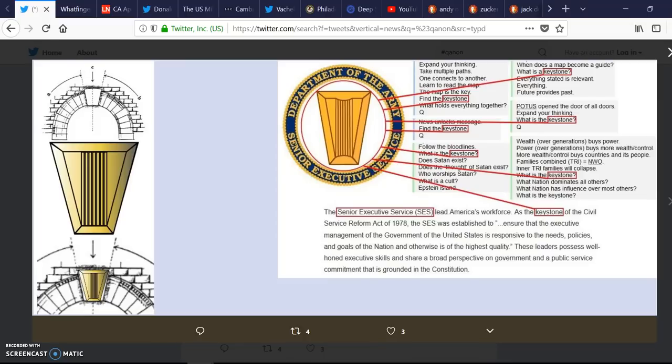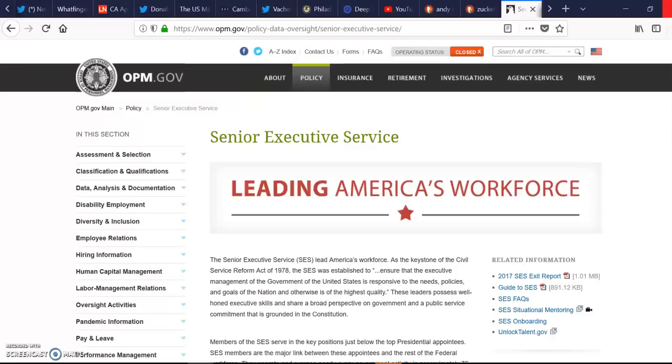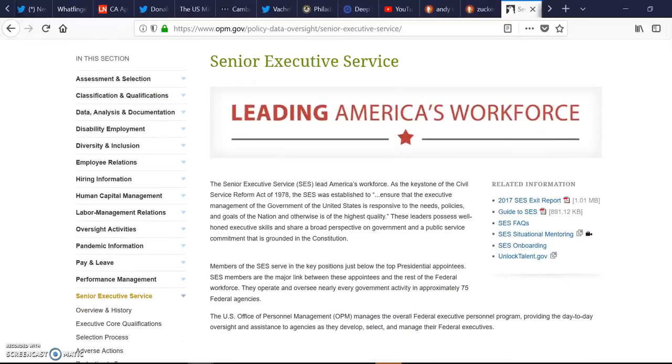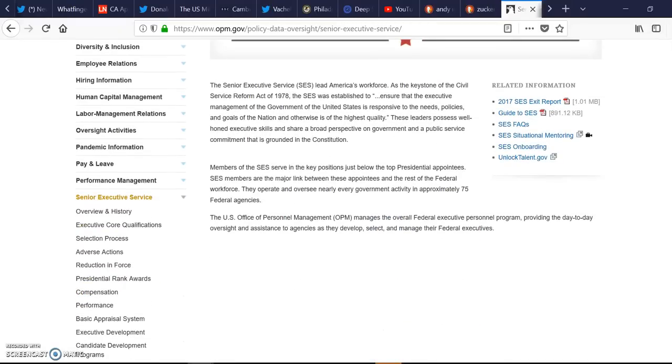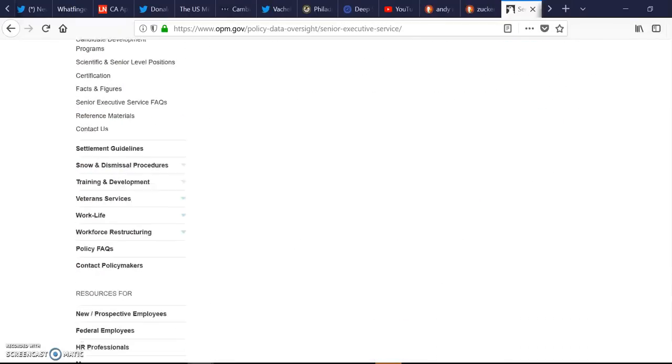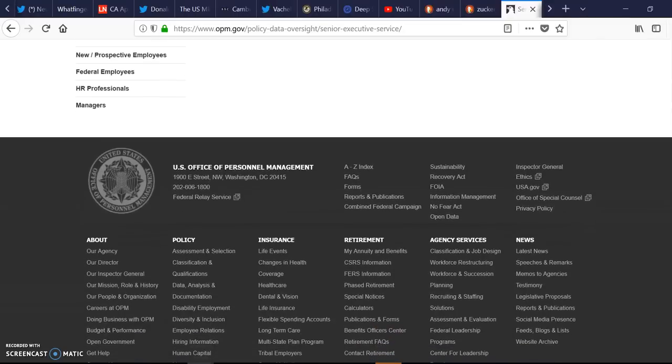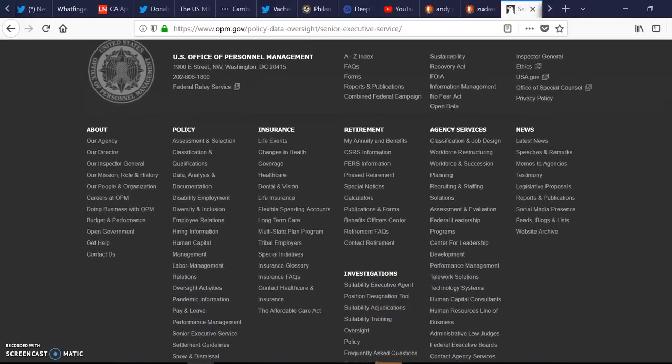These leaders possess well-honed executive skills and share a broad perspective on government and a public service commitment that is grounded in the Constitution. So this actually comes from a website. It's opm.gov, Policy, Data, Oversight, Senior Executive Service, Leading America's Workforce. So maybe, U.S. Office of Personnel Management.